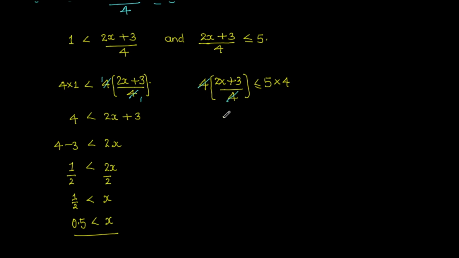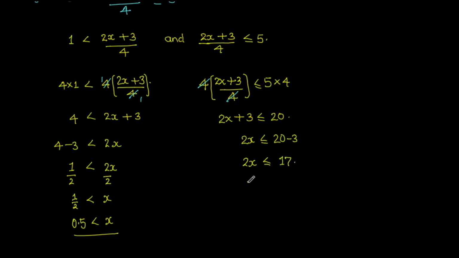So we have here 2x plus 3 is less than or equals to 20. Now we subtract 3 from both sides. So here we're left with 2x is less than or equals to 20 minus 3. 2x is less than or equals to 17.